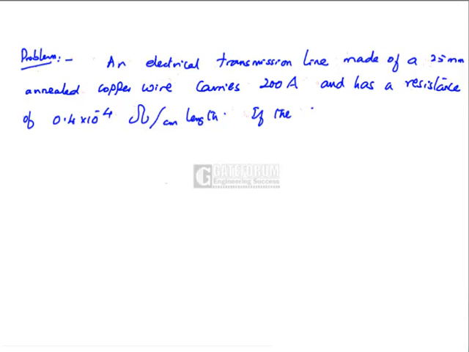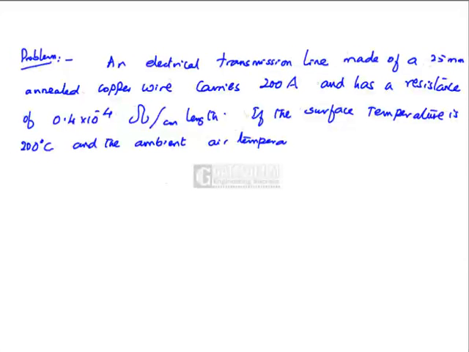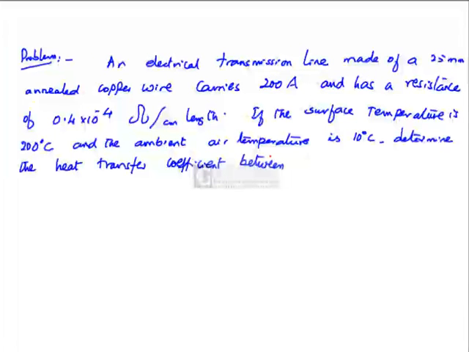If the surface temperature is 200 degrees centigrade and the ambient air temperature is 10 degrees centigrade, determine the heat transfer coefficient between the wire surface and the ambient air and the maximum temperature in the wire.